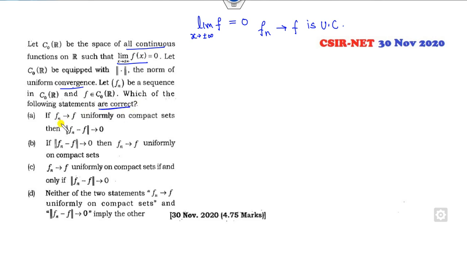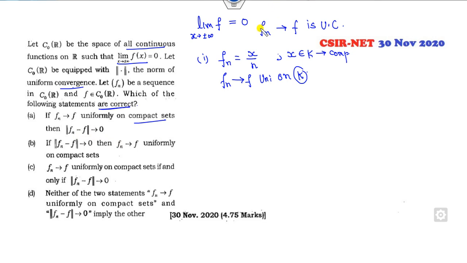If fn is on the compact set, I can take again the same example. If x is in my compact set K, then clearly fn converges to f uniformly on this compact set. Can you say fn converges to f in C0?